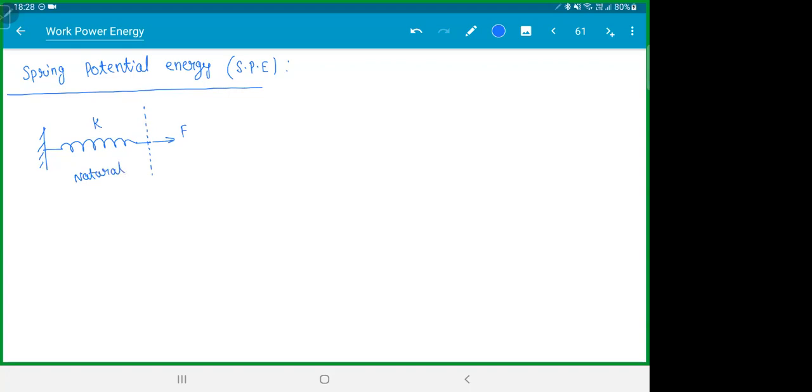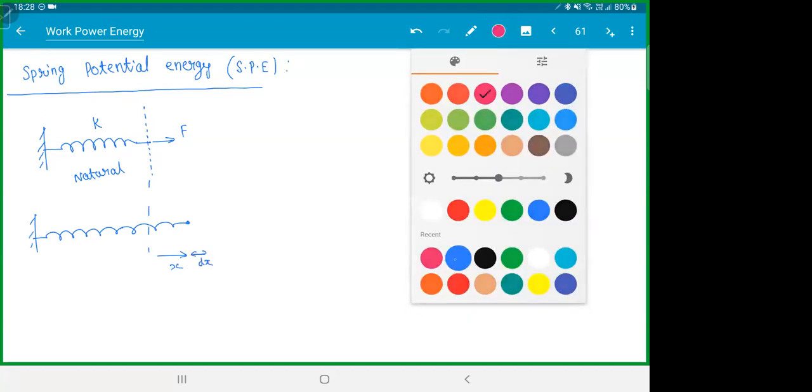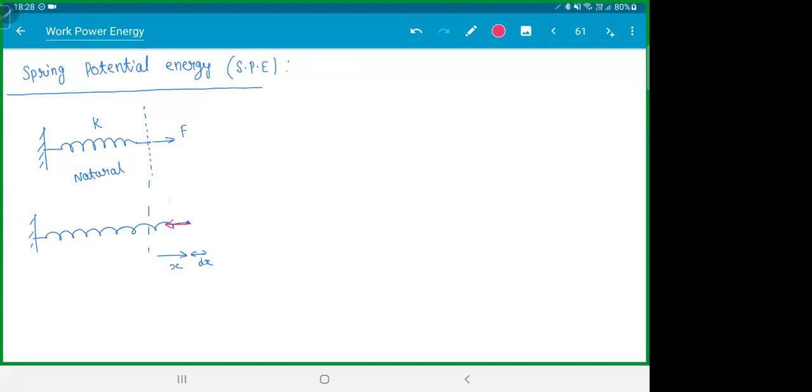Yeah, fine. So let's say you're applying a force F here, now natural length, what happens? Let's say you pull this by X and you displace this by dx. And we know whenever you pull by X, the spring force will be backward.